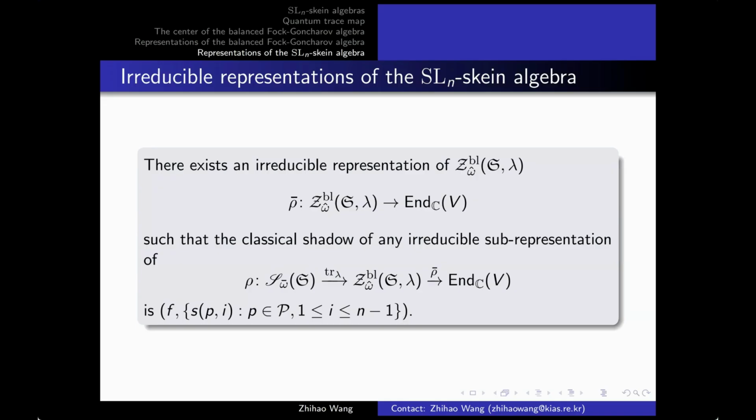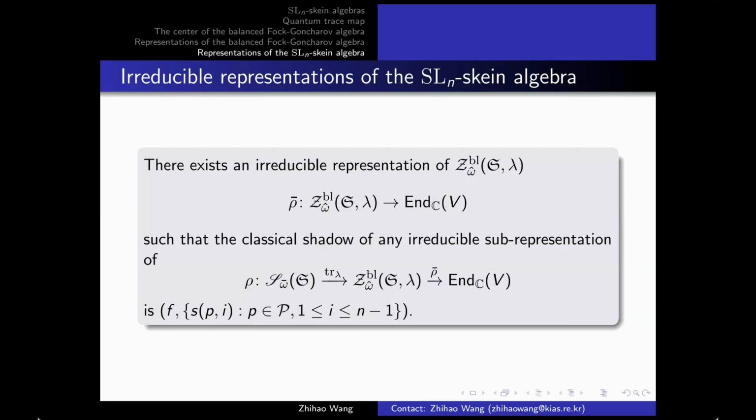But sadly, we cannot prove that it is unique. We expect that it should be unique for most of F. And also, for most of F, this rho should just be irreducible. Yeah, but now we cannot prove this.